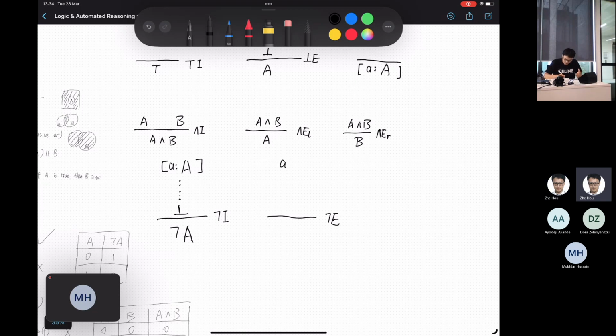So let's say we have not A. Assume that not A is true. And through some reasoning, we deduce falsity. So falsity is a contradiction. We deduce a contradiction, and then we can conclude that A is indeed true. Okay, you get the opposite of what you assumed. Whenever you derive a contradiction, you can get the opposite of what you assume.